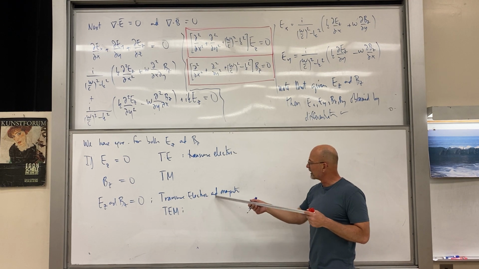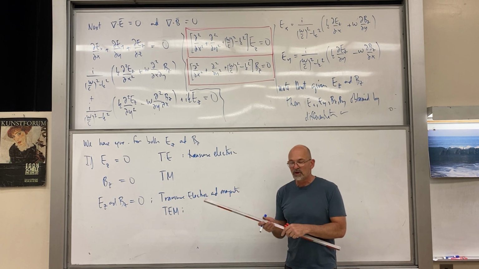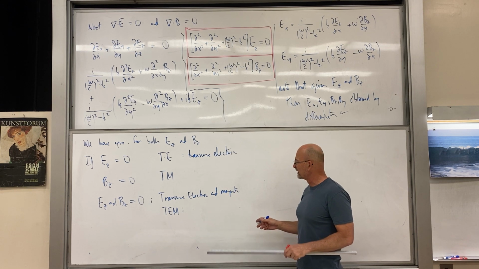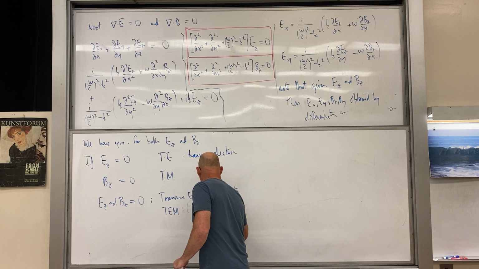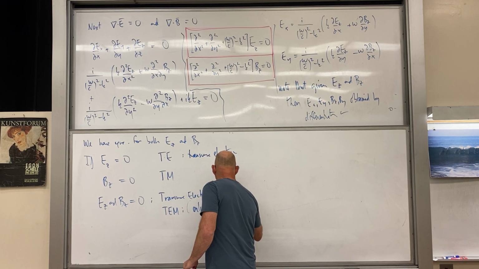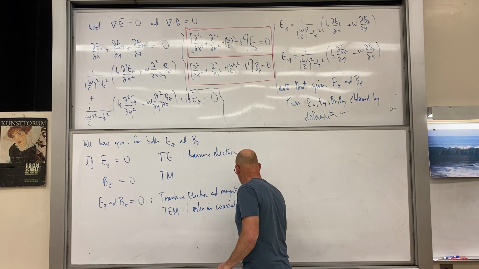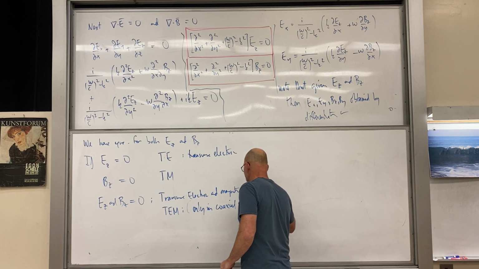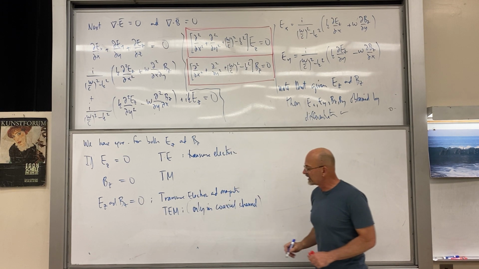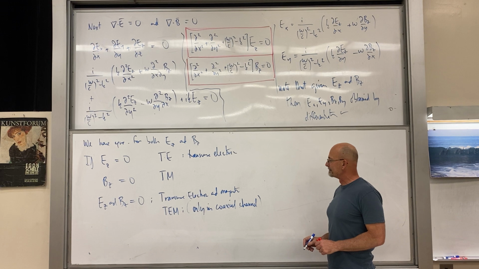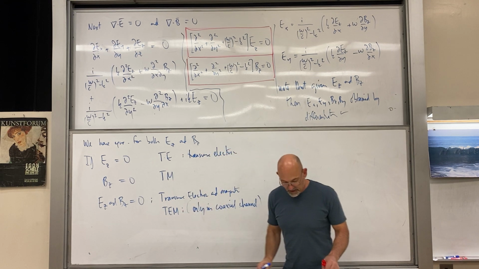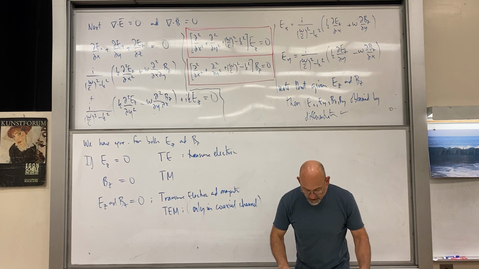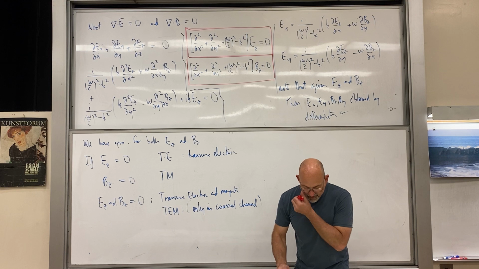So transverse electric and magnetic aren't actually supported in an open channel. It has to be a coaxial channel. That's interesting in its own right. But yeah, so we're going to treat one of these two right here. And the one we're going to treat is the transverse electric wave.